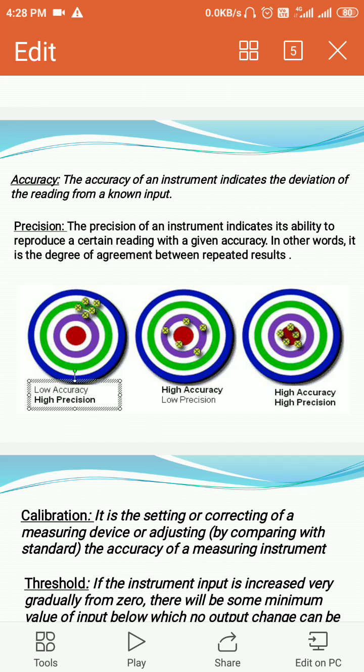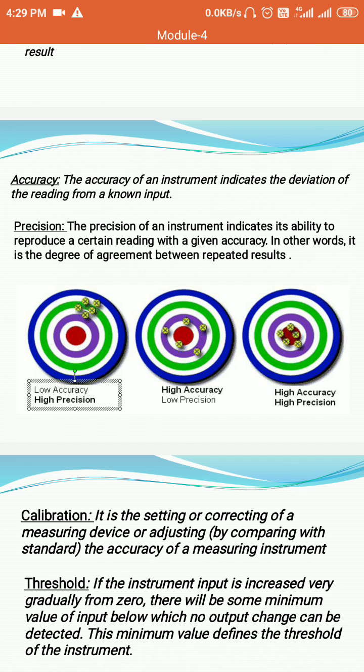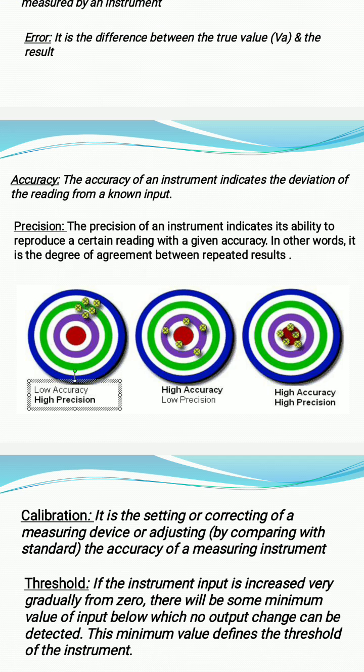That is why I say that in the first circle the accuracy is low. What is accuracy? Accuracy is defined as the closeness of the reading with respect to the target point. How close you are to the target point. If you are very close to the target point, then we say accuracy is high. If you are far from the target point, we say that the accuracy is low.